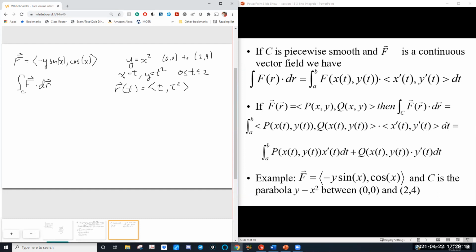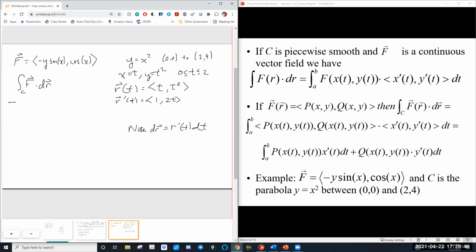This here is the dr. So just as a reminder, let's put a little note here. That dr, that is r prime of t dt. So we'll find r prime of t, which is 1, 2t.